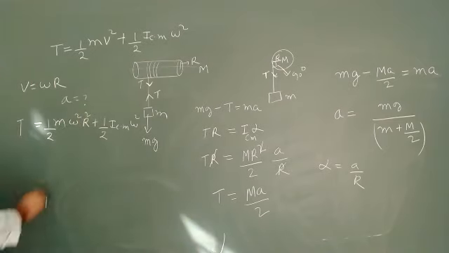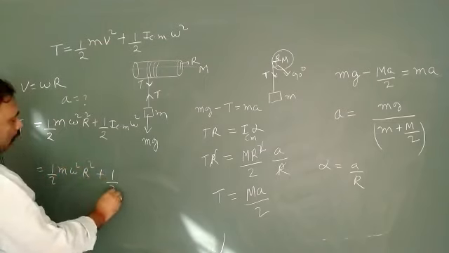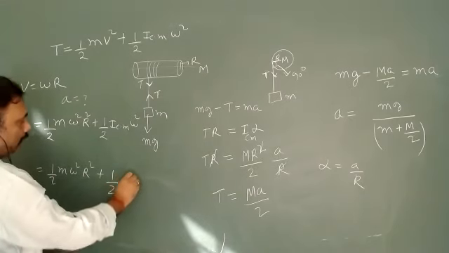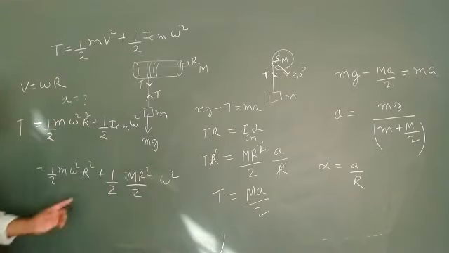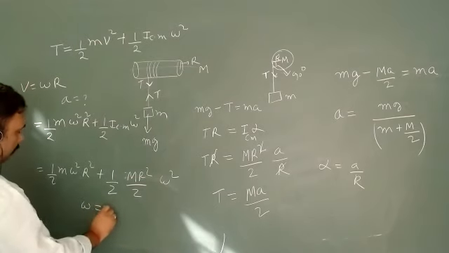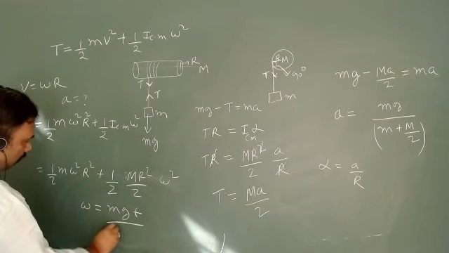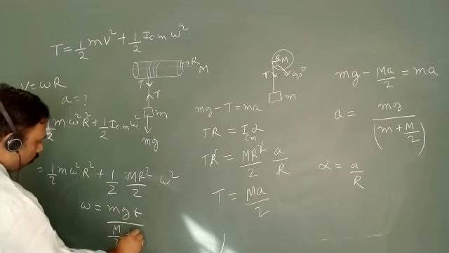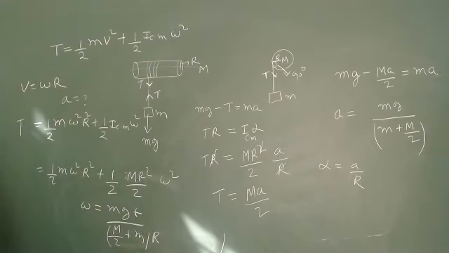This value is half m omega square R square plus half, that is capital M R square by 2, omega square, and I can put the value of omega. What is the value of omega here? The value of omega is mg t upon capital M by 2 plus m, into R. You can put the value of omega and get the kinetic energy.